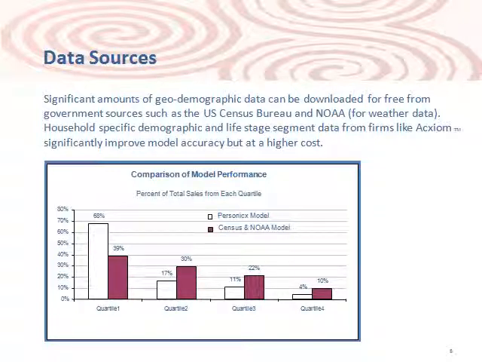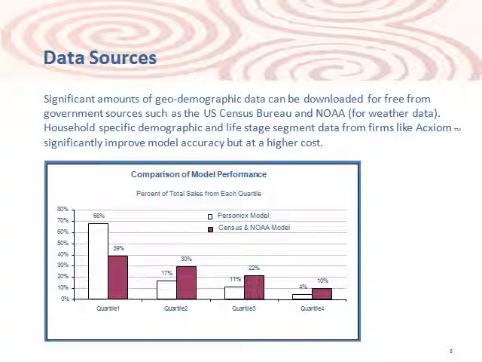Now the difference is the free data tends to be at a higher level, so it would be averages for a zip code or census block tract, whereas firms like Axiom and Equifax would be able to append household-specific data to your records. A lot of that's modeled data, but again, it would be household-specific.